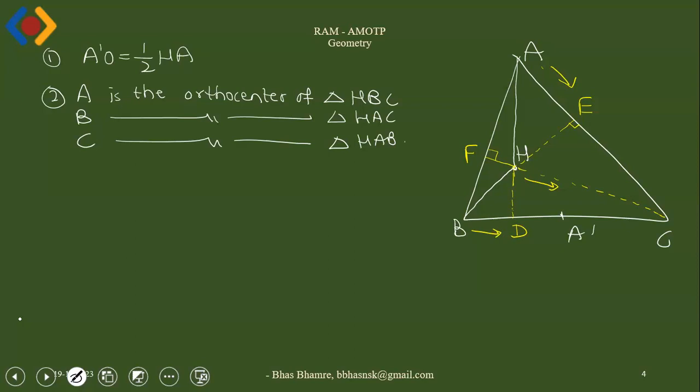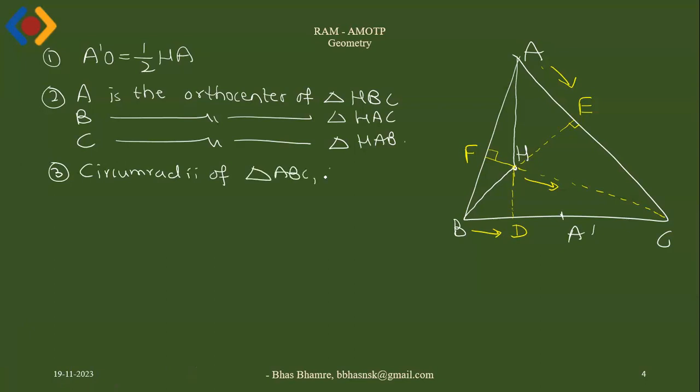Okay, very typical: the circumradii of triangle ABC, triangle HBC, triangle HCA, triangle HAB are all equal.